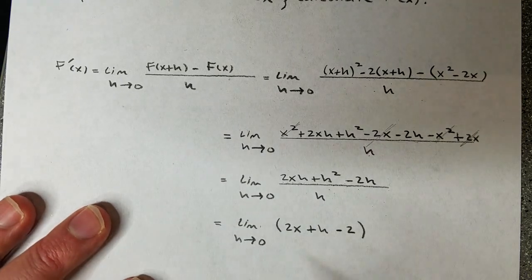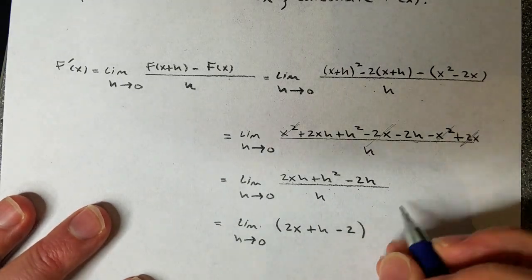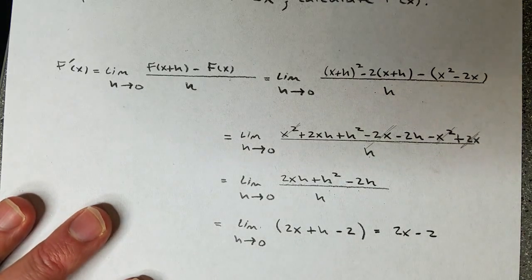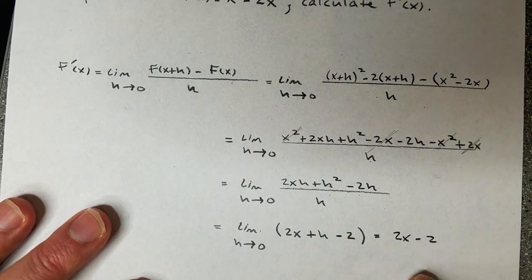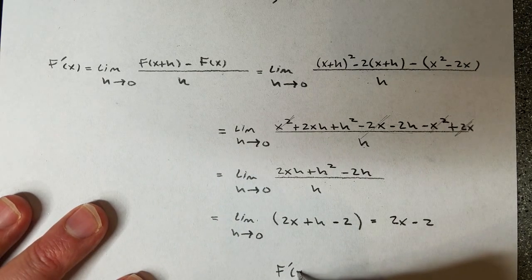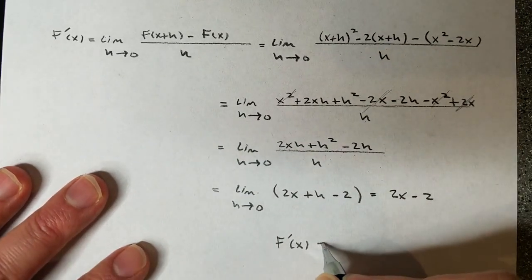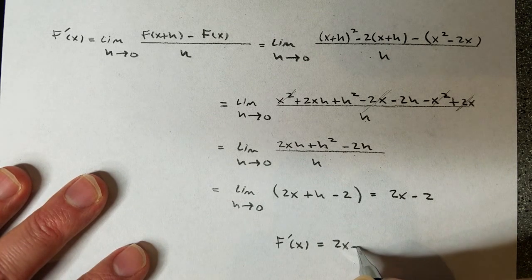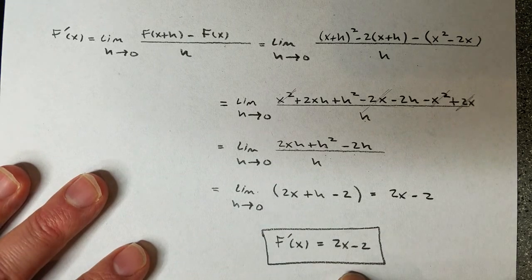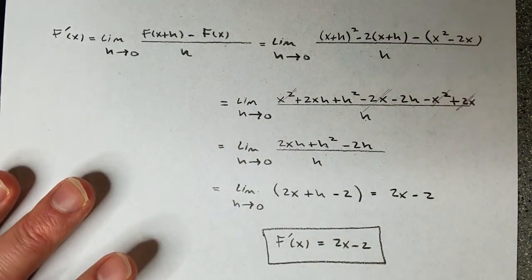What if it went away? What if you put a 0 right there? Then you'd get 2x minus 2. All right, so that's our derivative, f prime, the derivative, the formula that will calculate the slope of that curve at any point, is 2x minus 2.